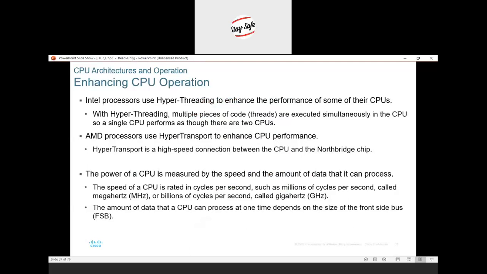So hyper-threading has to do with the cores, how these cores are being expanded virtually. It's only in Intel processors you can see this. It's not common with AMD processors. You have a single core that seems to behave as if it were a double core in terms of execution.